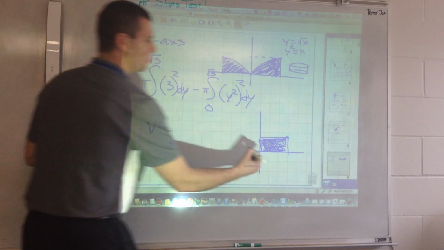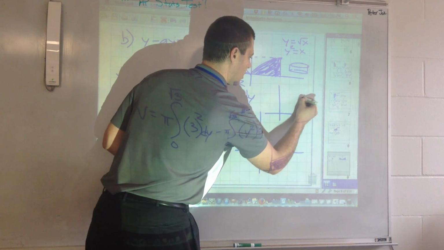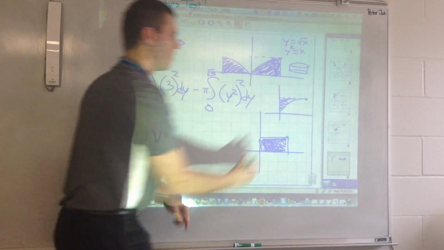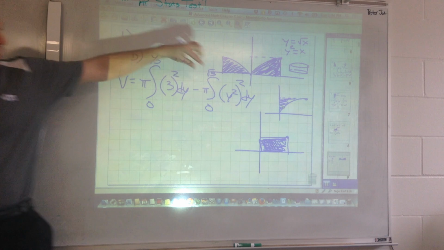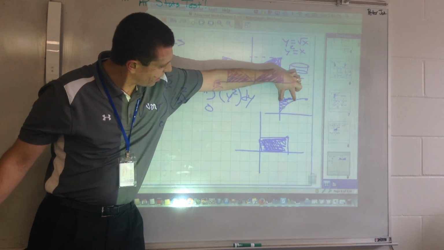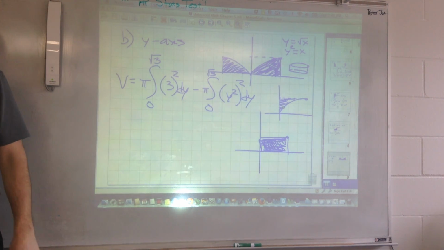Then I'm going to subtract out that part, rotated around. And what is the radius at each y value? Y squared.